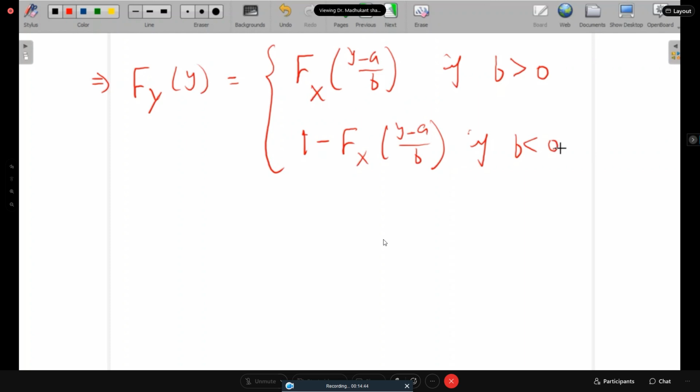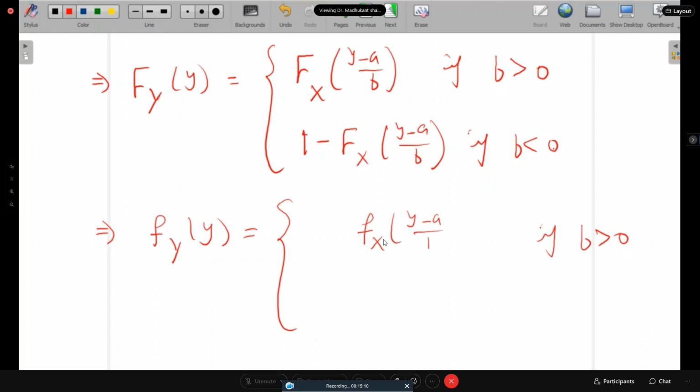Now I'm interested in the density function, and we know these derivatives will give you the density. So there are two cases. If b is greater than 0, the derivative of this with respect to y is going to be f_X at (y minus a) by b times 1 by b.